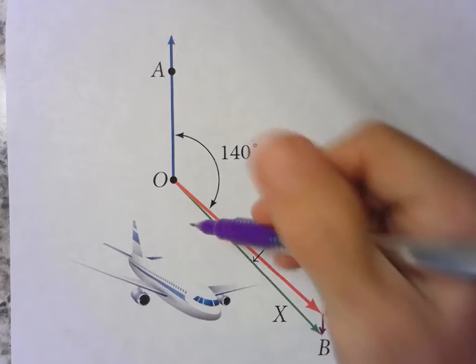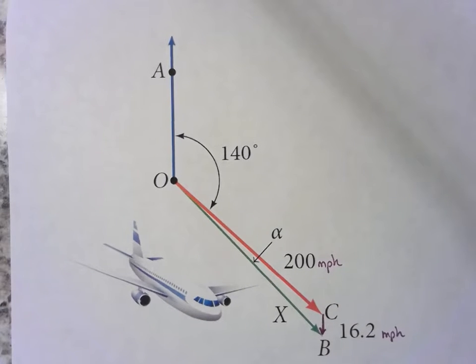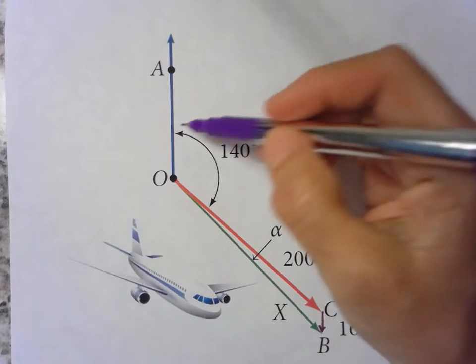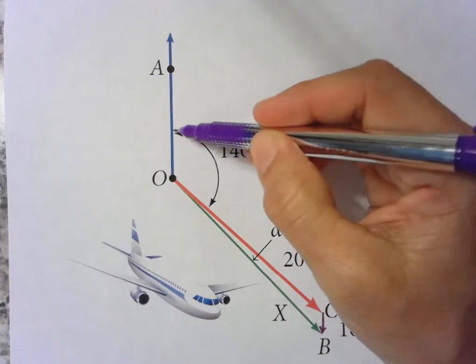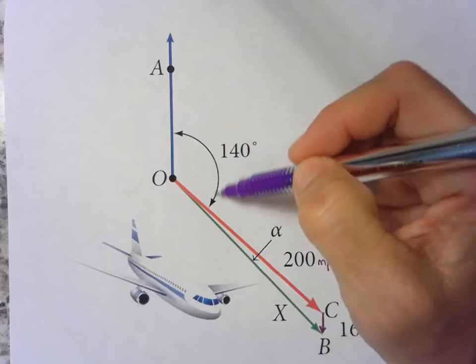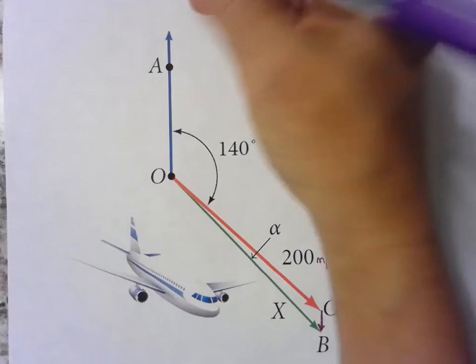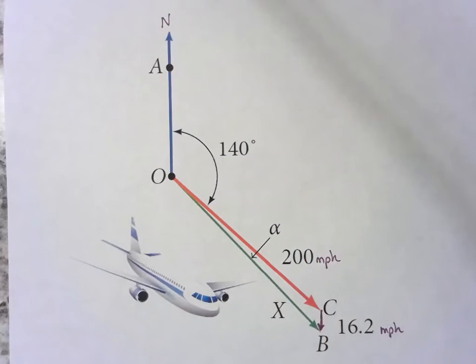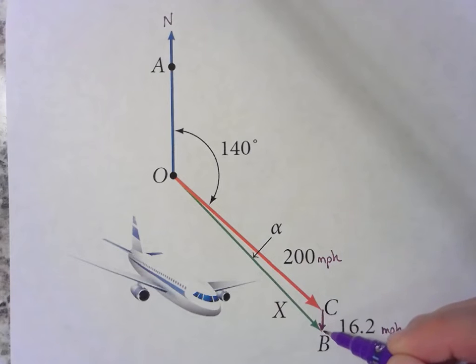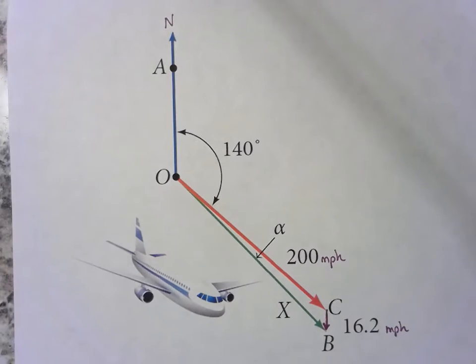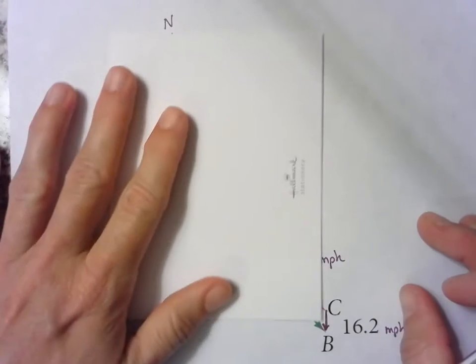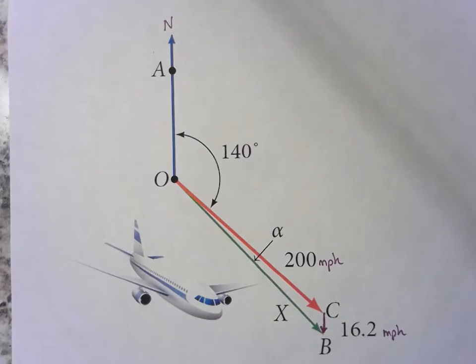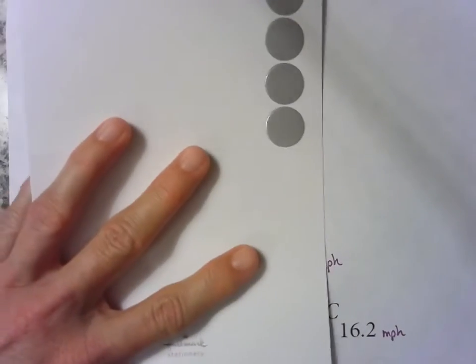Okay, so we have this little triangle forming here. And they told us that this is a 140 degree bearing. Okay, so this is north, and this is going from north to south. So actually, I need a bigger straight edge here.